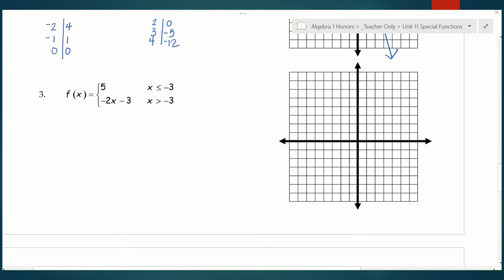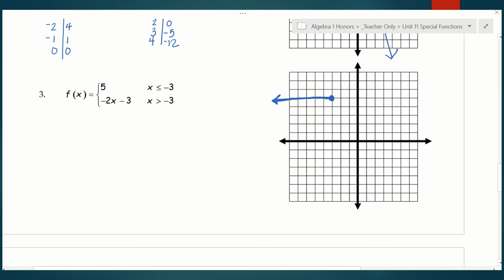I'm going to start at -3, 5. And because -3 is included, I can have a closed circle there. And so then if it's anything less than or equal to that, my line is basically just going to go on forever in this direction. So every point on that line has a y-coordinate of 5.